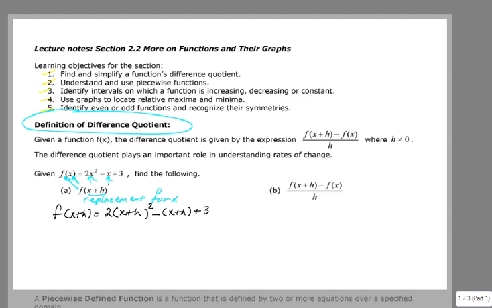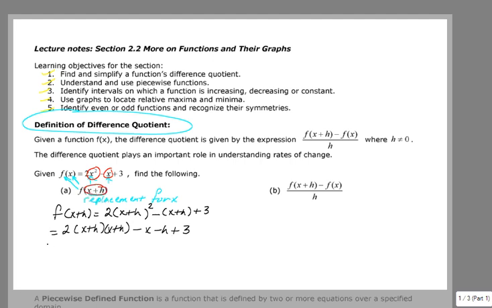So all we did was go to the original function, and everywhere we had an x, we replaced it with x plus h. Now we have to actually go through and simplify this. So I'm going to scoot over a little bit and work on squaring the x plus h, which is just our good old FOIL method. Distributing out the negative, which is a negative x, negative h, and just writing down the plus 3.